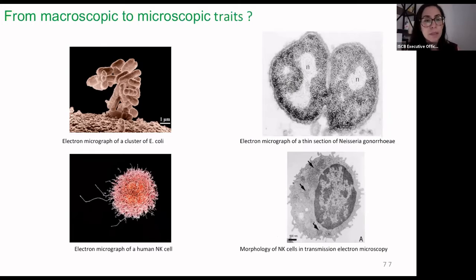What happens if we want to also study the relationships between multicellular organisms and unicellular organisms, or even with viruses that are not cells and are not considered to be living, but they are biological entities? So if we want to compare these types of biological entities, then we can't use morphology alone. Morphology is not going to tell us much about the history of relationships of these organisms or entities.